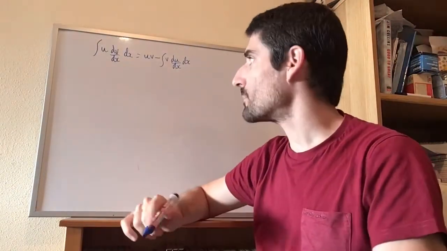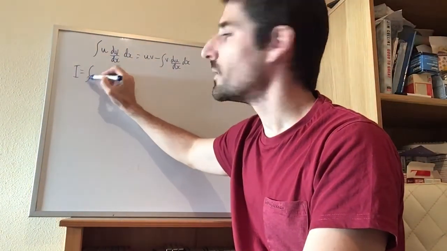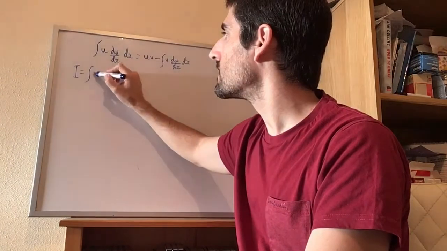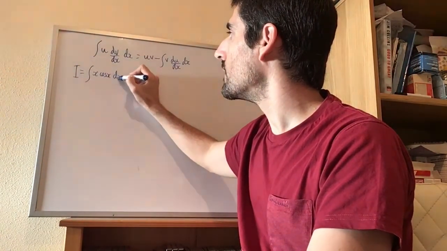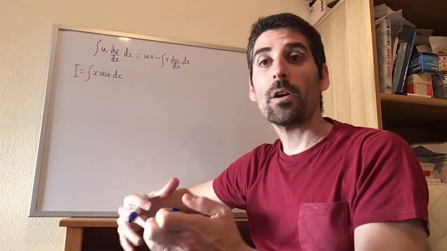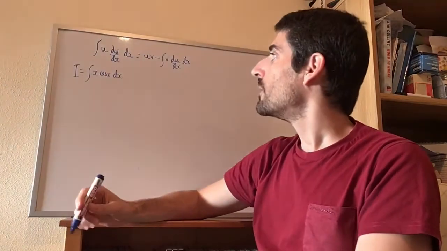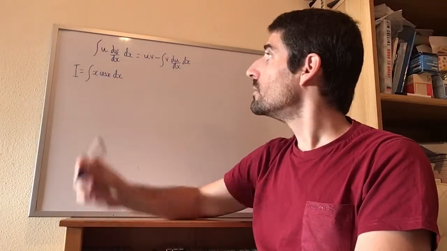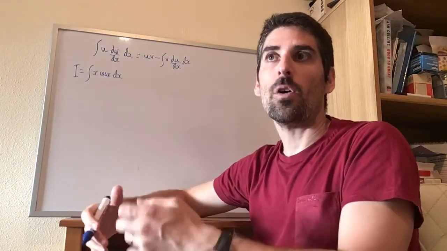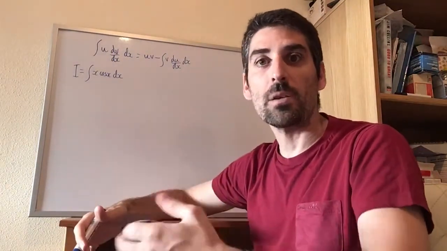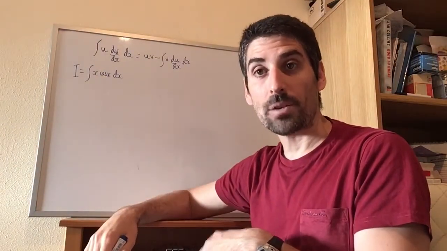So let's go through a couple of examples. They asked me to integrate x cos x dx. Now, whenever I got a product of functions like this, and I've got a trig function in there, my u is going to be the x term, the polynomial of x, or the power of x, or the x squared, or the x cubed, or whatever it is, and my dv over dx is going to be the trig function.